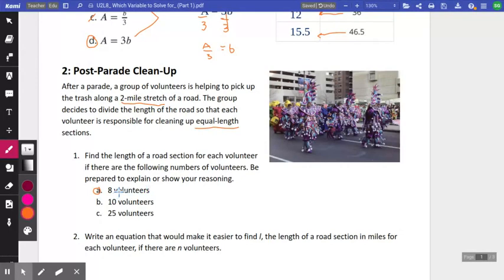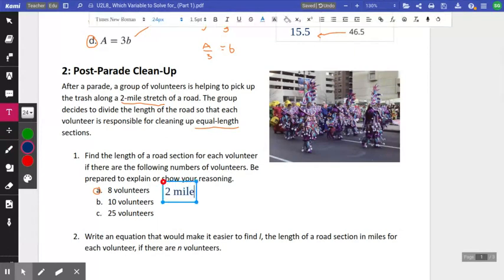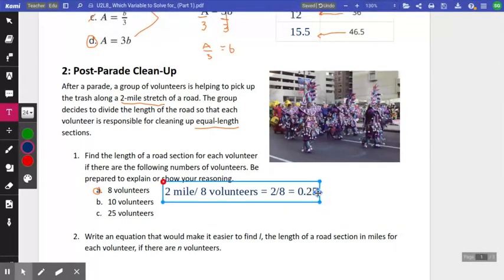Well, if there's 8 volunteers, that means we can take that 2-mile stretch and we can divide it up amongst those 8 volunteers. If you do that, that means we got to do 2 divided by 8. 2 divided by 8 equals 0.25. Means each volunteer would have to clean 0.25 miles of the road.